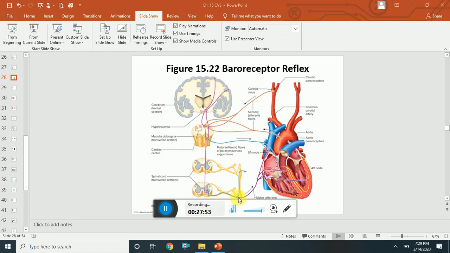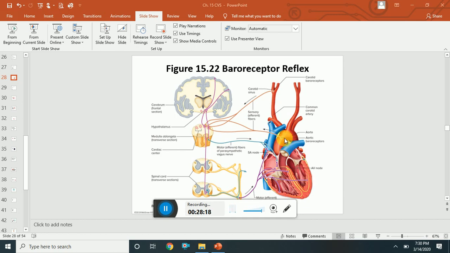And then depending on what the finding was, so let's say this person has low blood pressure, that's the impulse that reached the control centers in the CNS. So your motor fibers are going to send sympathetic stimulation. You see that these purple fibers are your sympathetic fibers stimulating the SA node, AV node, and the Purkinje fibers.